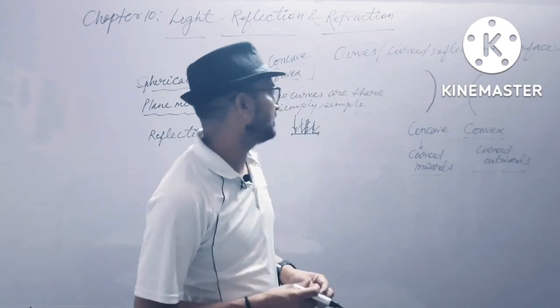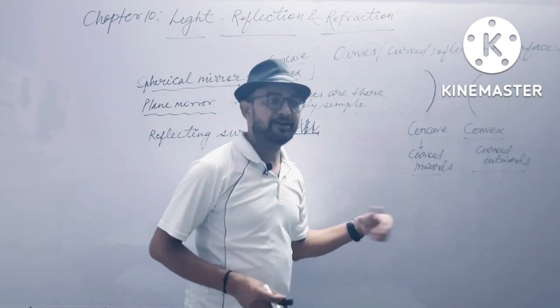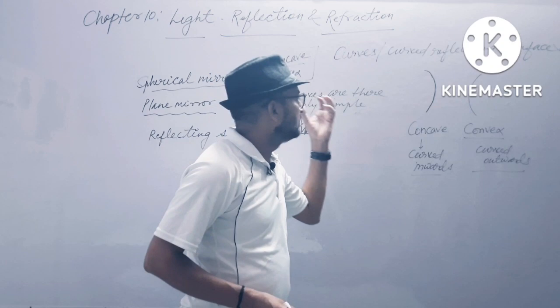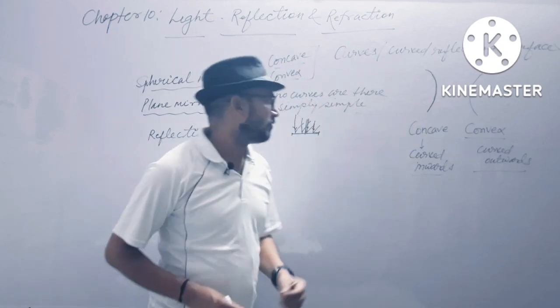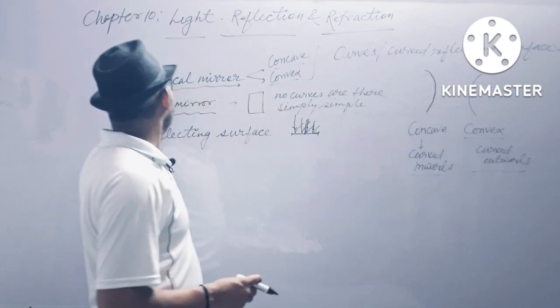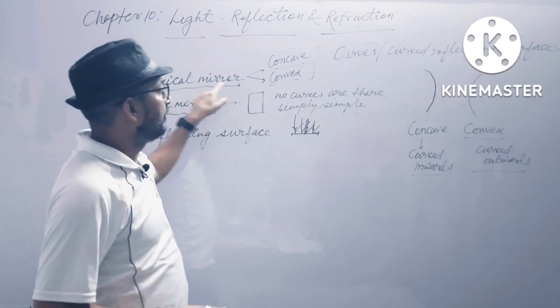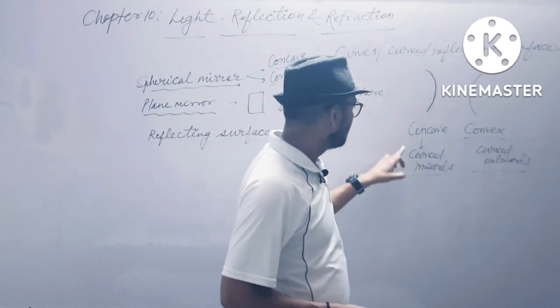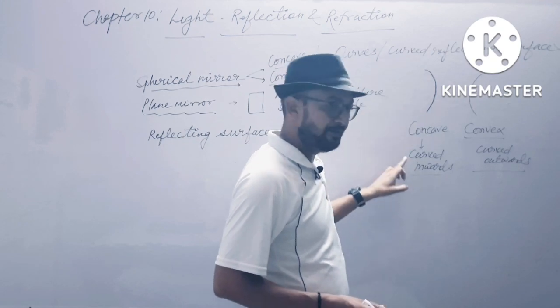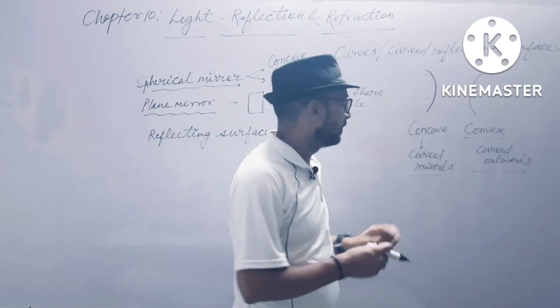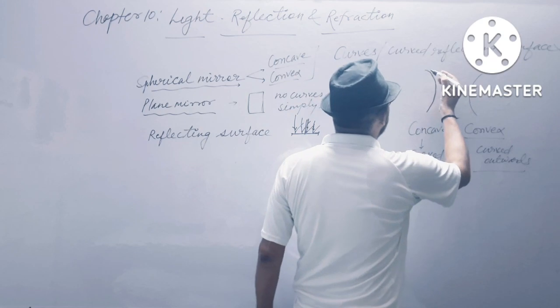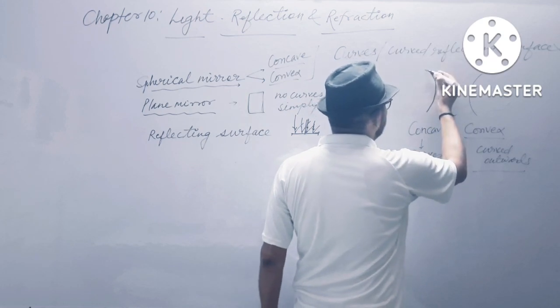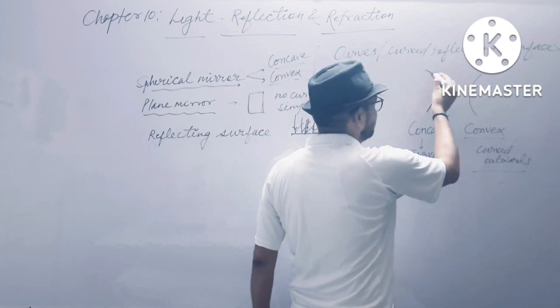So on the basis of this feature, you can define what a concave mirror is. A concave mirror is a spherical mirror which is curved inwards. This is the reflecting surface of this one.